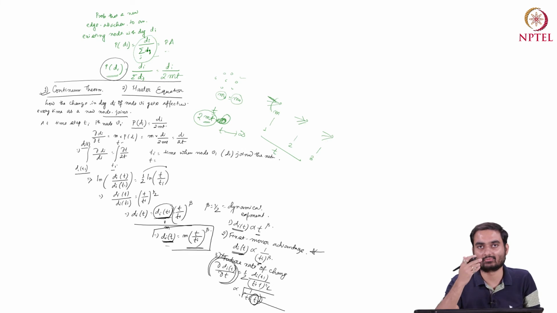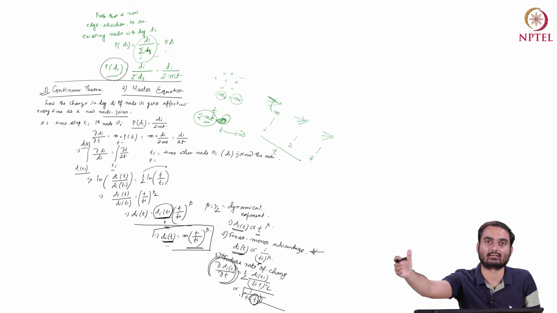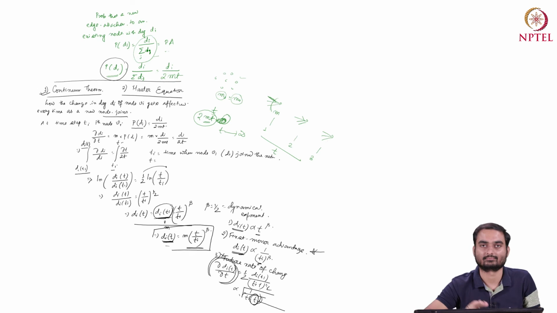So the rate with which a node is supposed to gain edges is much higher at the initial level, and as time increases, it will slow down. It is inversely proportional to t, and it is also inversely proportional to t_i.